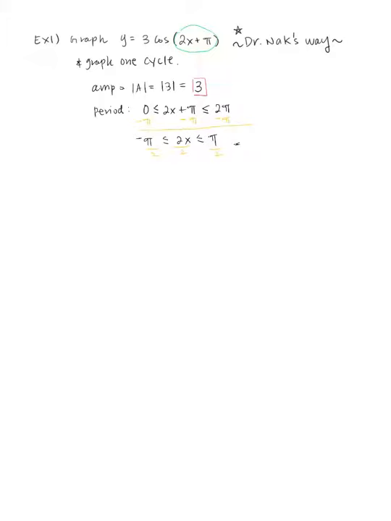Divided by 2, our interval becomes negative pi over 2 less than or equal to x less than or equal to pi over 2. So the 0 spot is going to be replaced with negative pi over 2, and instead of 2 pi, that place is going to be replaced with pi over 2. That's all.